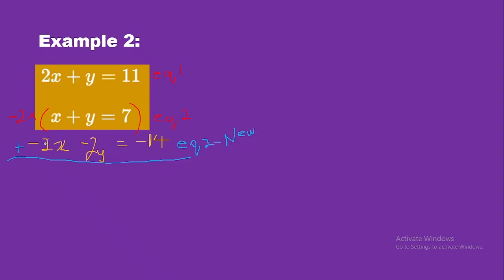Yes, you have the 2x and you have the 2x right here, but they're opposites because one is a positive 2, but this is a negative 2, so they're opposites. So after we do that, now we can add them, because 2x plus negative 2x will be equal to 0, so that will cancel off right there.